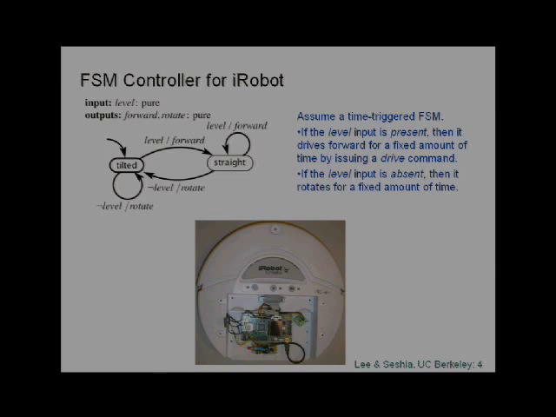Then if you have your iRobot here and it's oriented correctly, then level is true. The level signal is present, or it's true, when we are oriented along the ramp correctly. And if instead the iRobot is oriented at some angle, then level is not true. Okay, so that's the abstraction here in this model.